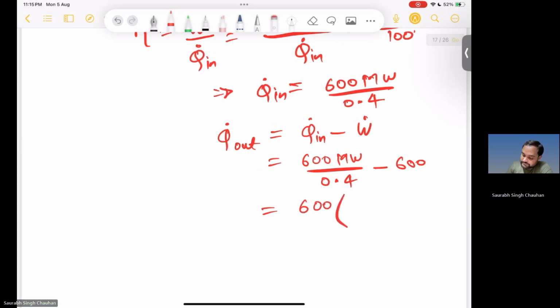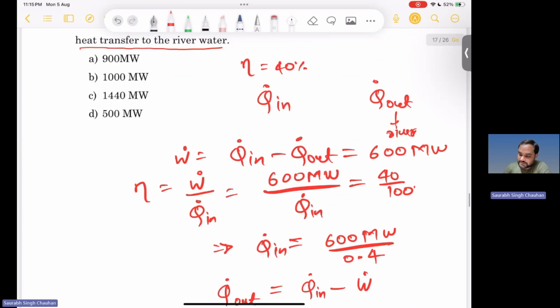There are few options, but anyways, let us calculate this.